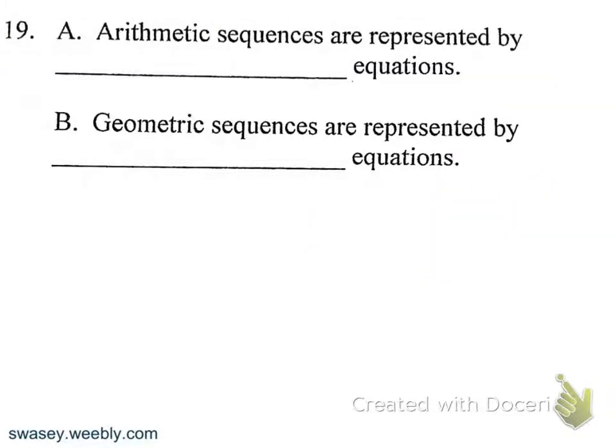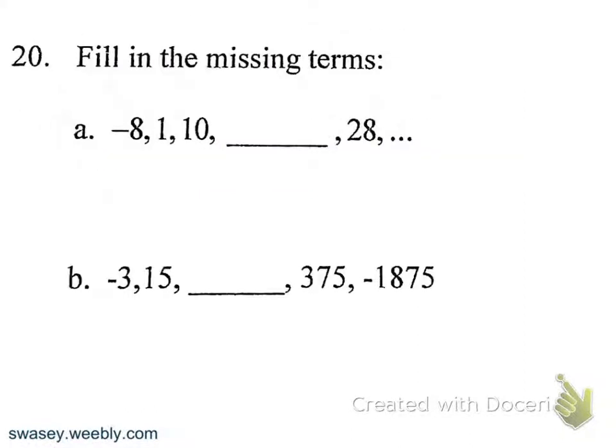Arithmetic sequences are always represented by linear equations. If we graph them, they're lines. Geometric are always represented by exponential equations. Notice the variable in the exponent for geometric sequence equations.